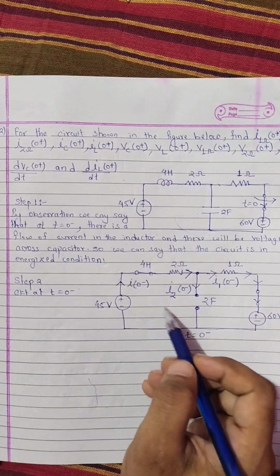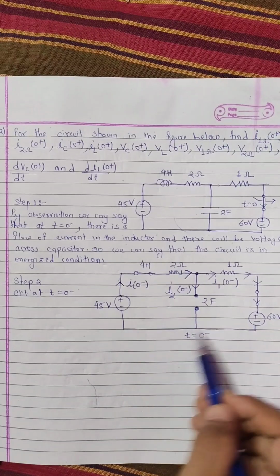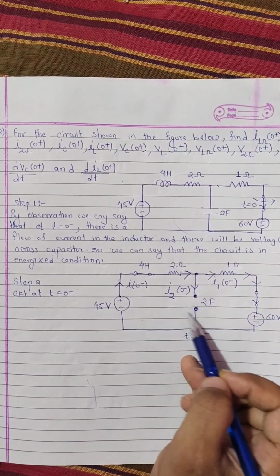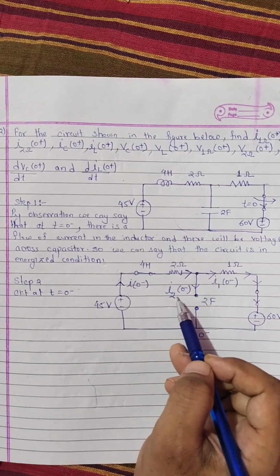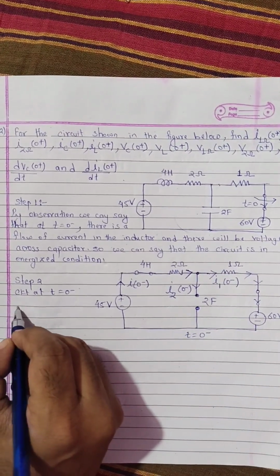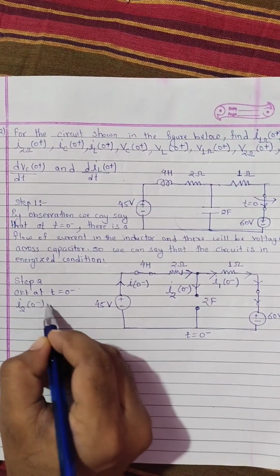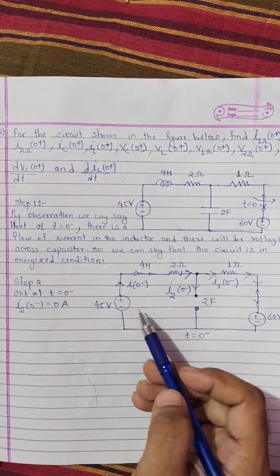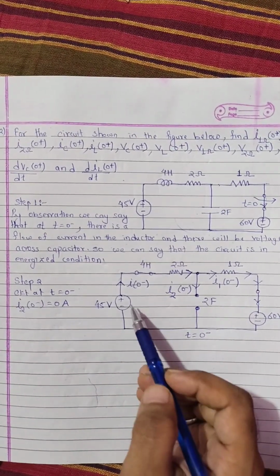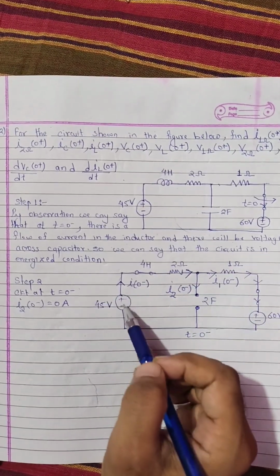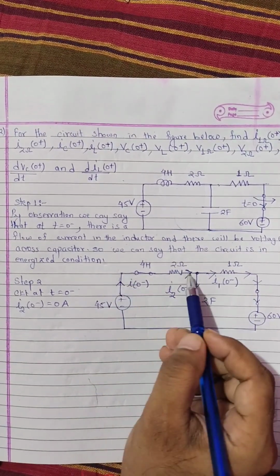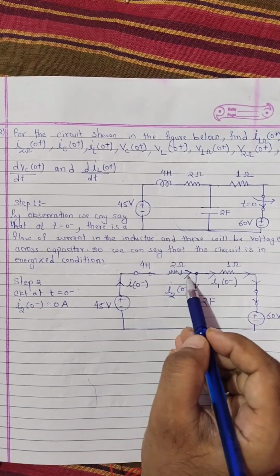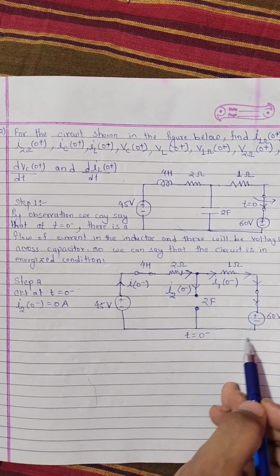Let us calculate. If we see this circuit, this branch is an open circuit. Since there is no current in an open circuit, we can say that I20 minus equals 0 ampere. Now in this branch there is a current of I0 minus, and the total I0 minus will flow in this branch.